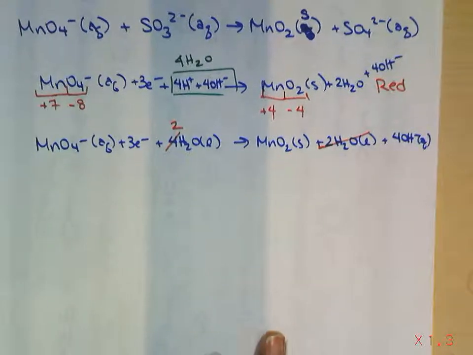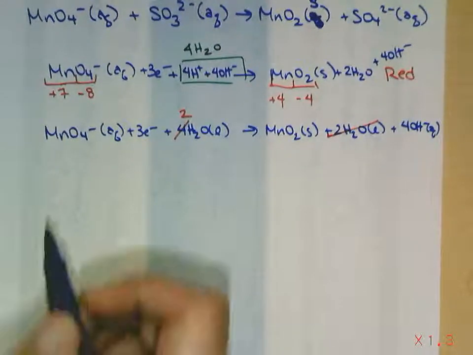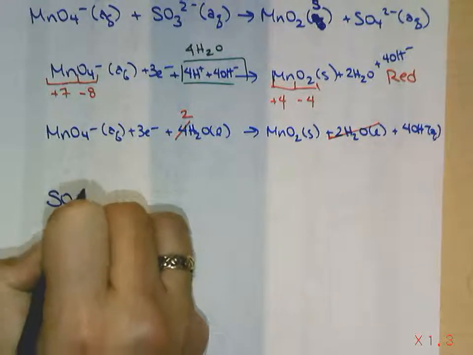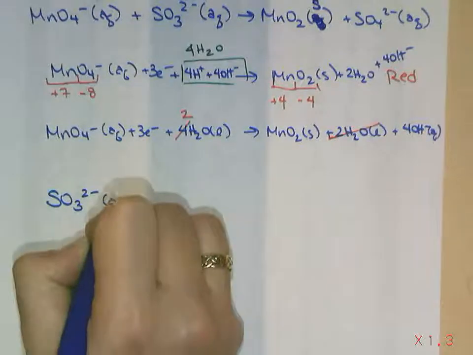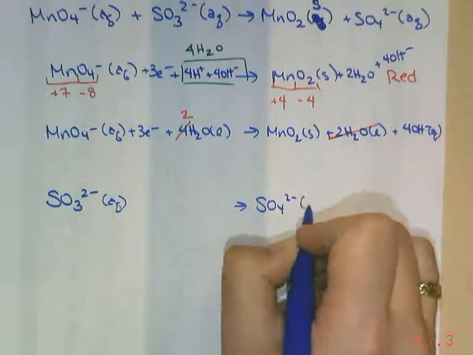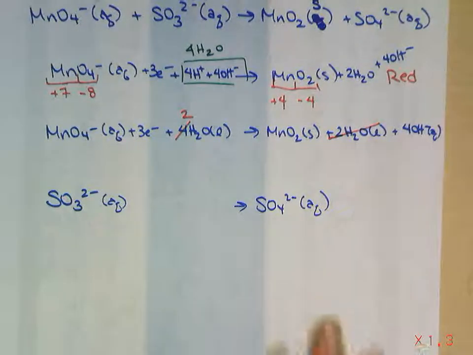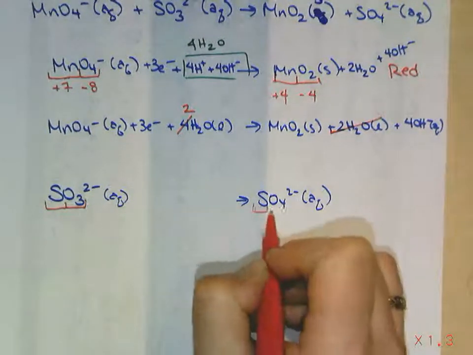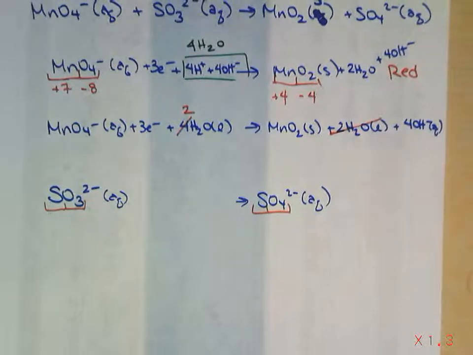All right, so let's take a look at this half. All right, so I have 3 oxygens over here. How much total charge does that half of the molecule have?